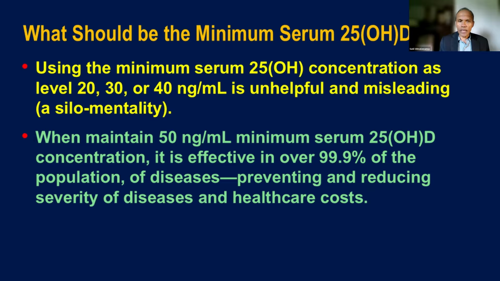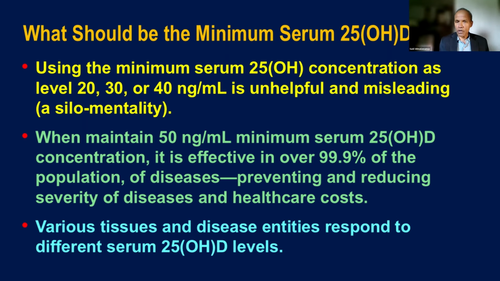By doing that, you can cover 99.9% of the population's need, not only the disease coverage, and that will reduce the disease burden and indeed the healthcare cost, which can negatively affect some entities.